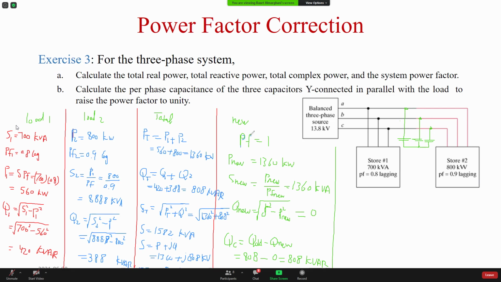Now up to here it's the same as single phase, or three phase is the same. What is the difference is because this is three phase, we're gonna find the QC per phase, which is 808 divided by 3.